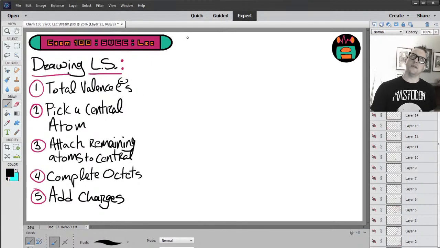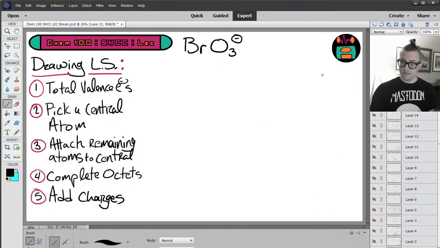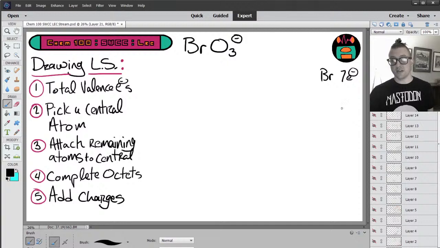Let's do the polyatomic ion, which we haven't learned. Bromate. Well, bromine is in the 7th column of the periodic table, or of the main group. So it has 7 valence electrons. Oxygen, as we know, has 6. We've got 3, so that'll be 18. 18 electrons.